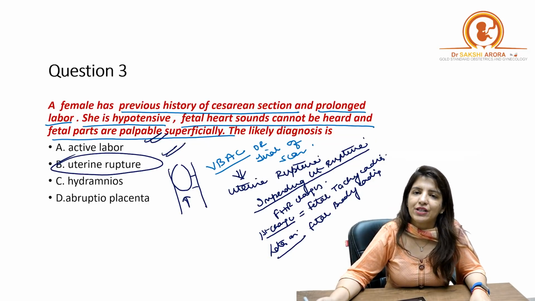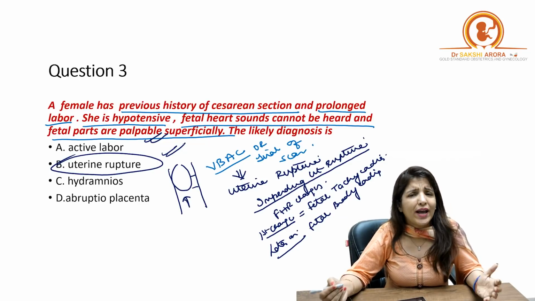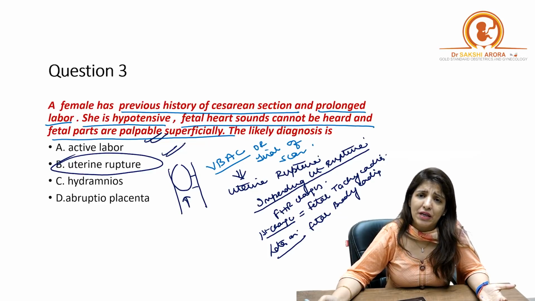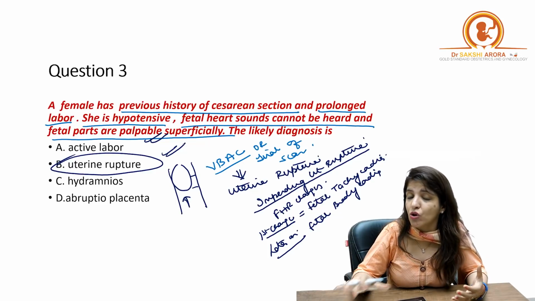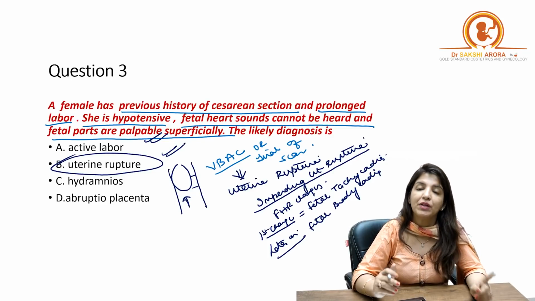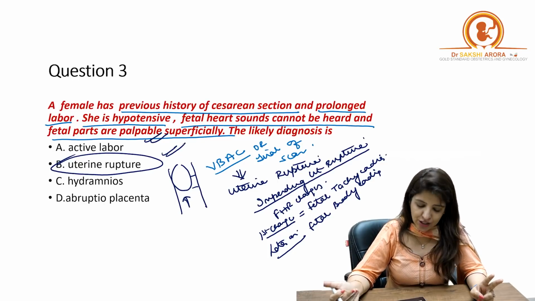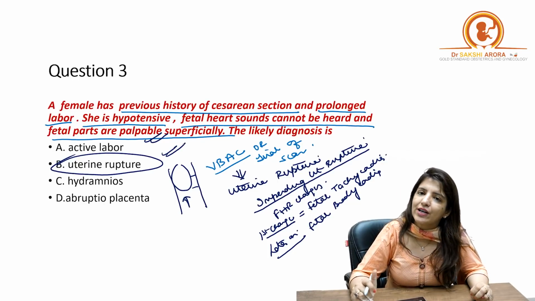Why can it not be active labor? Now, in active labor, when a female is in labor, why is it that the fetal heart sounds will not be heard? So, absence of fetal heart sounds goes against active labor, number one. Number two, why will the fetal parts be felt superficially? So obviously it cannot be a case of active labor. Then why not hydramnios?